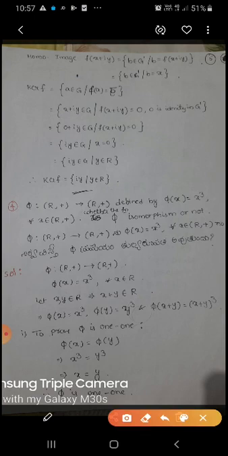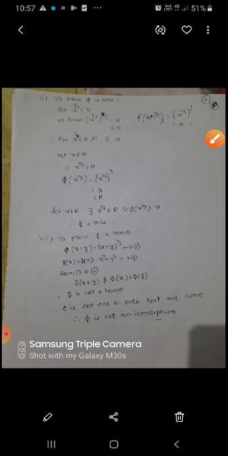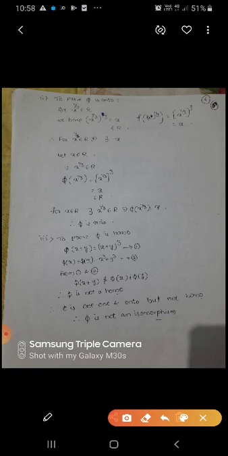So first we will prove φ is one-one. If φ(x) = φ(y), that implies by the definition x³ = y³. So that implies x = y. Therefore φ is one-one. Next φ is onto.